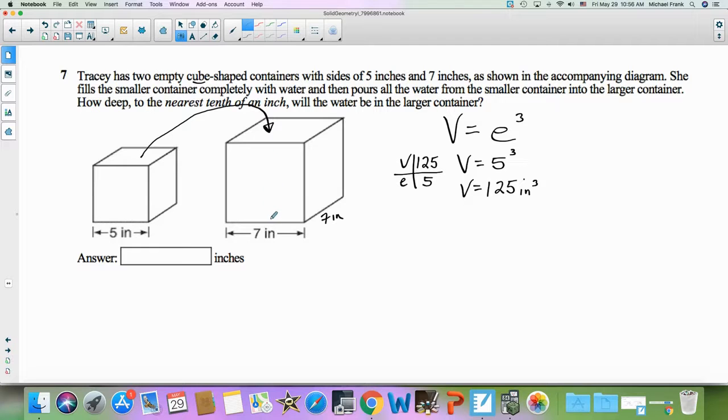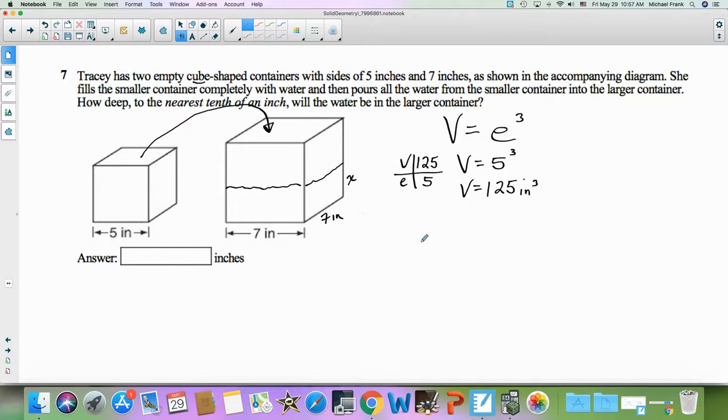The shape that the water takes won't really be a cube anymore. It'll be a rectangular prism. And what the question is asking is that when you take all that water, it's going to get to a certain level here. So they want to know how high, how deep the water is going to be. So that's really our X, how high the water is going to be when it's dumped into this larger cube.